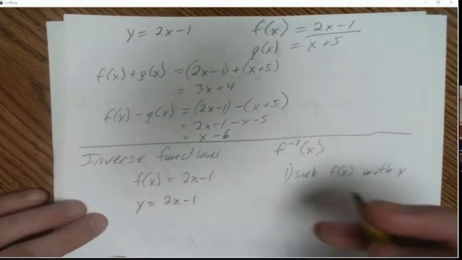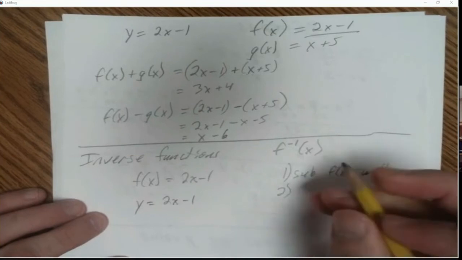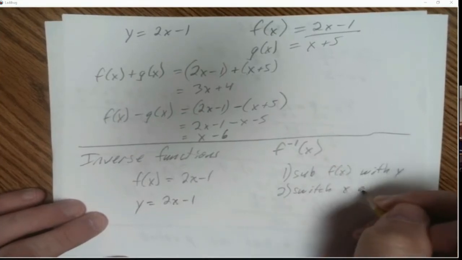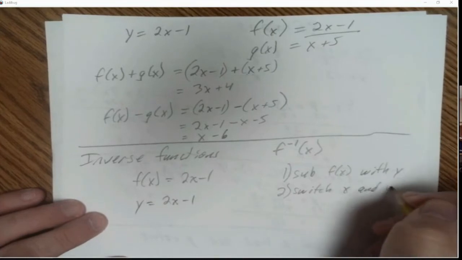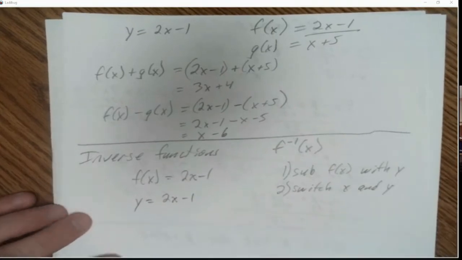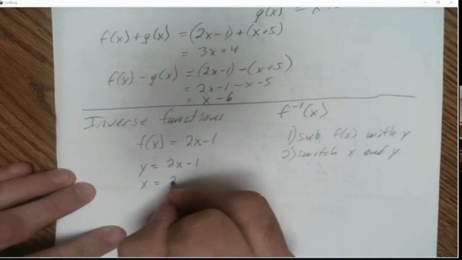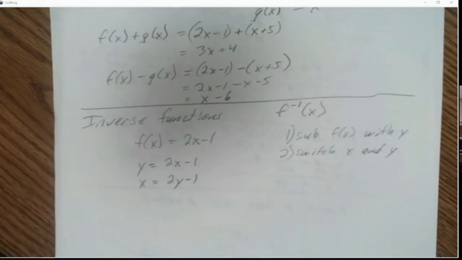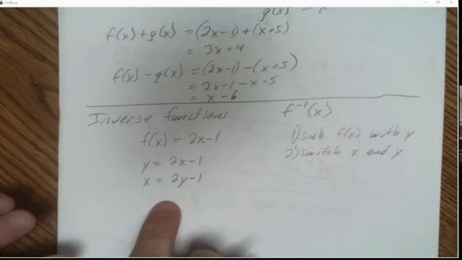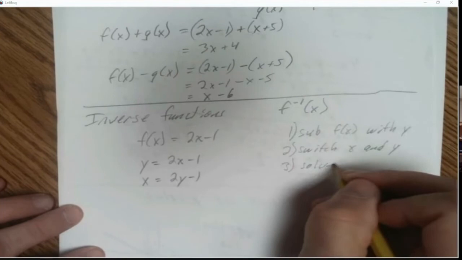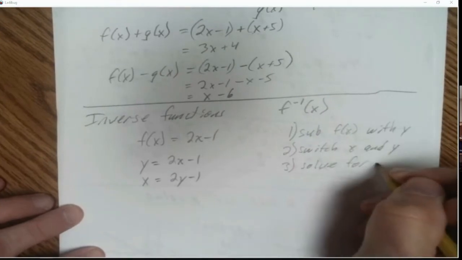Then the next thing is switch x and y. We're going to switch the x and the y, so this becomes x equals 2y minus 1. And then step number 3, solve for y.